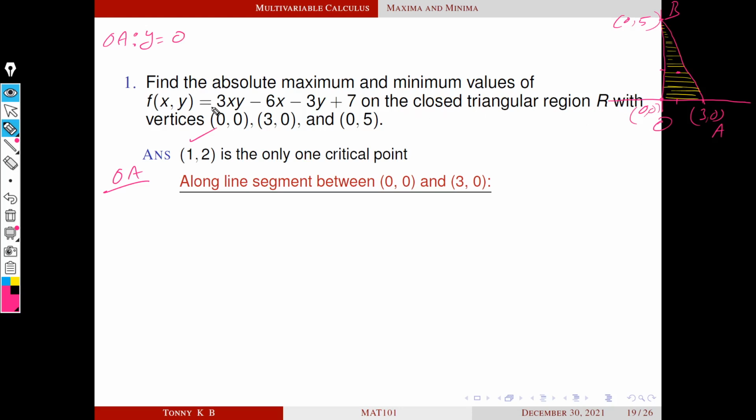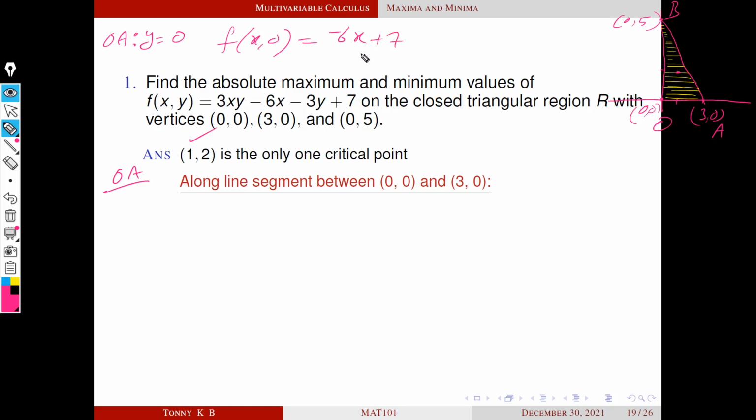So what is the behavior of this function on this line segment OA? That is f(x,0). We simply substitute y = 0. When y = 0, the first term is 0, and this becomes -6x, and the other term is 0, plus 7.